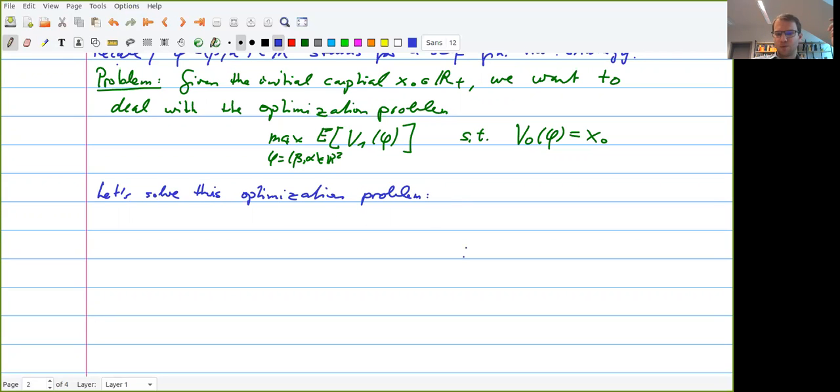Okay. First, we have, of course, hope. This is a very simple model, so it should not be too hard to solve.